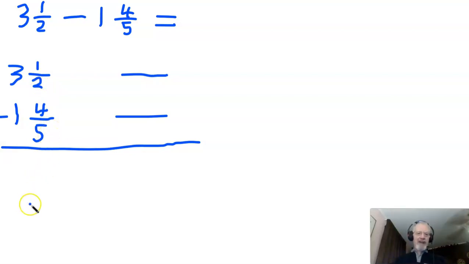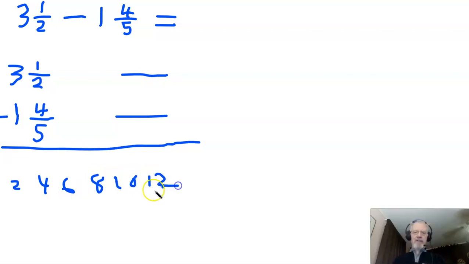The way I find that is I do the multiples of 2. I go 2, 4, 6, 8, 10, 12. Let's see if that's enough. Now I go the multiples of 5. 5, 10. Uh-oh, look at that.